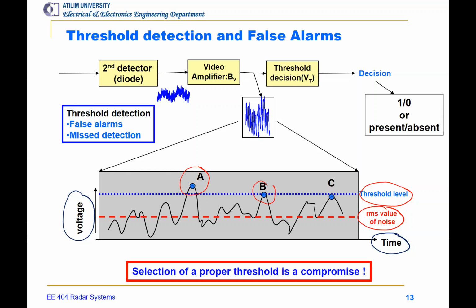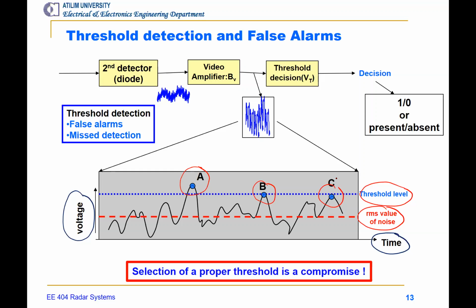How about B? At B, you see that's about the threshold. We are not sure whether that's due to the target or noise only. And at C, it's just below the threshold. It's likely that that's noise, but not sure still.